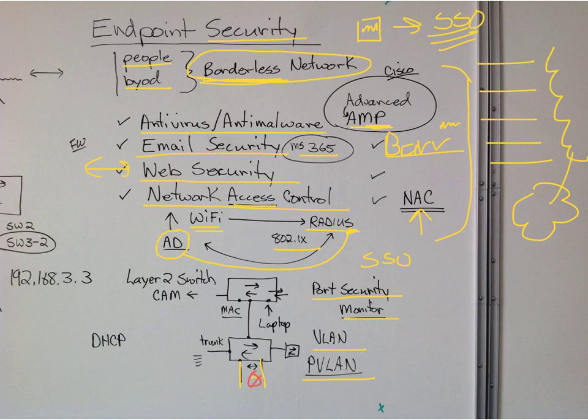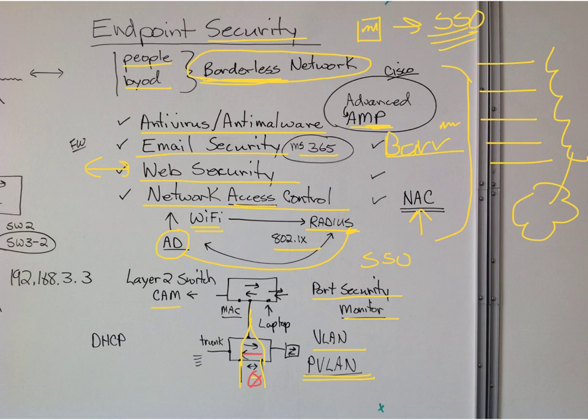Those 2 devices cannot communicate through the switch, but they can still communicate out. So if you put all your ports in private VLANs, they call it, or protected is another term they use. So we can do that.